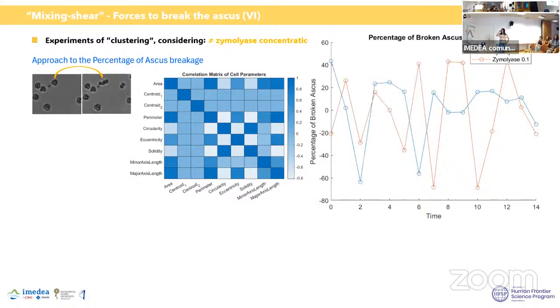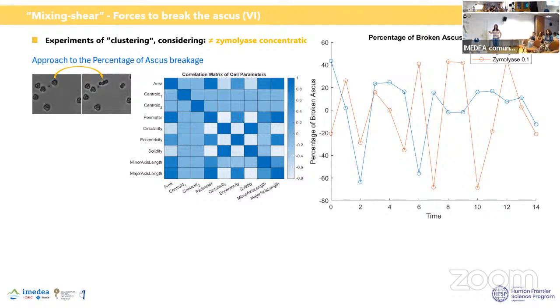And here I have a plot where we can see the percentage of broken ascus over time. For example, here this is up to 0. It's like here there are more broken ascus than in the previous one.